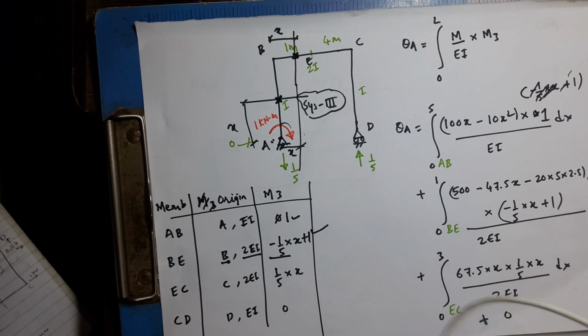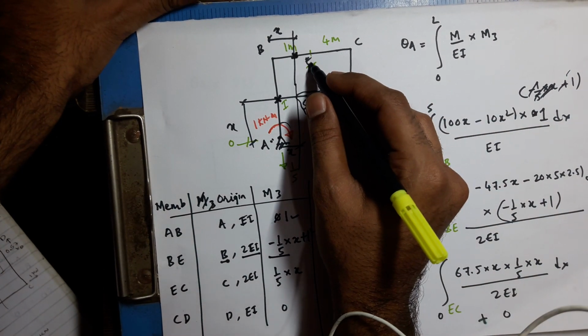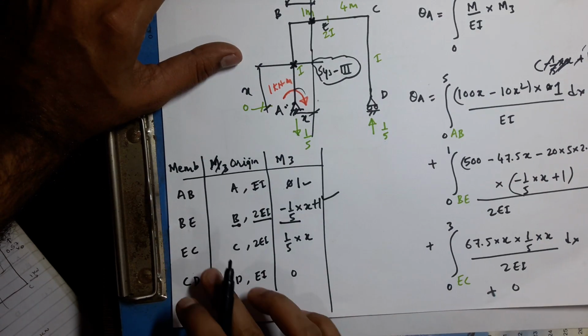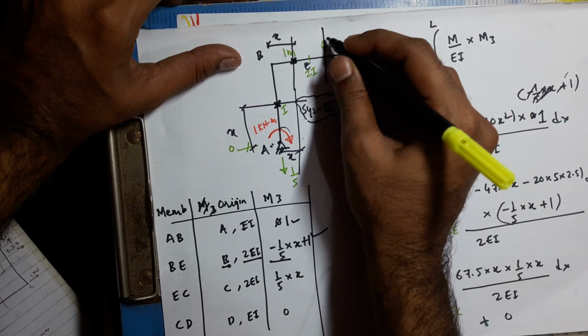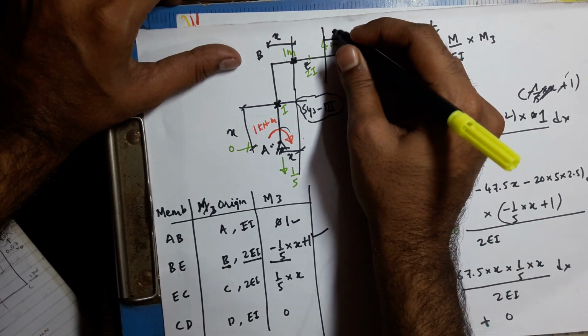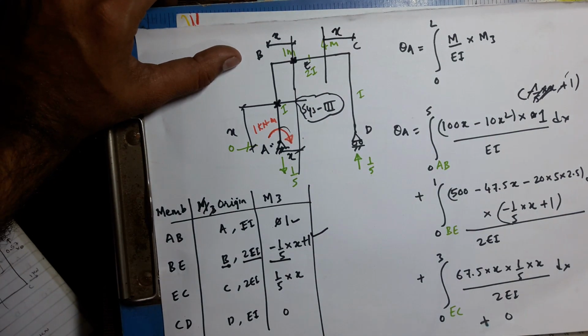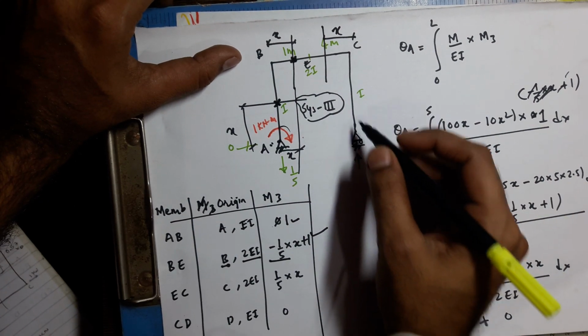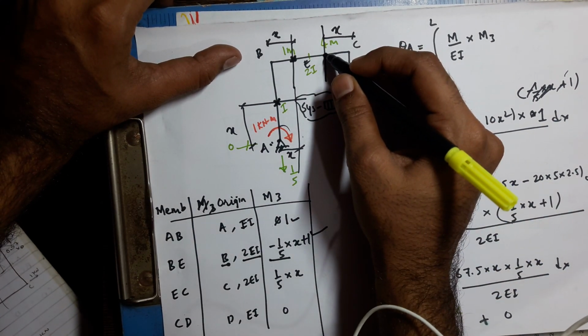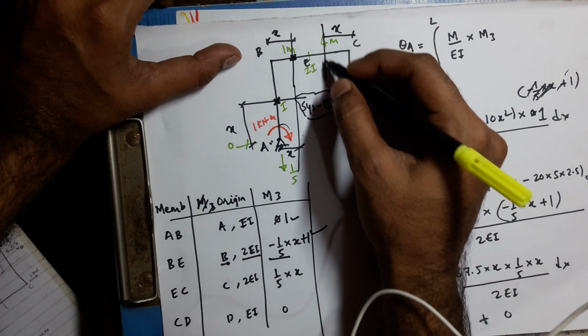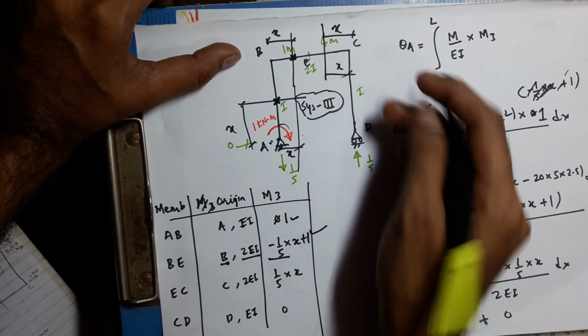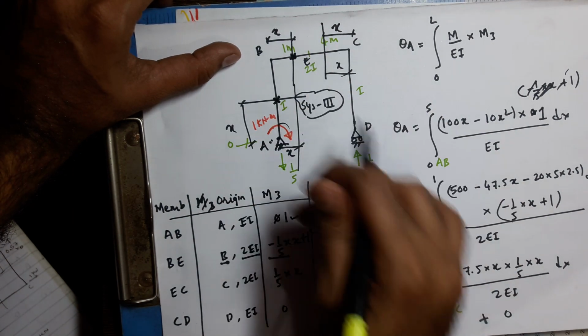Next member we have is EC. I have defined the origin as C, which means you have to go from D to this point. Only one force you have, and the perpendicular distance with respect to this point is x, and this will create an anti-clockwise moment.